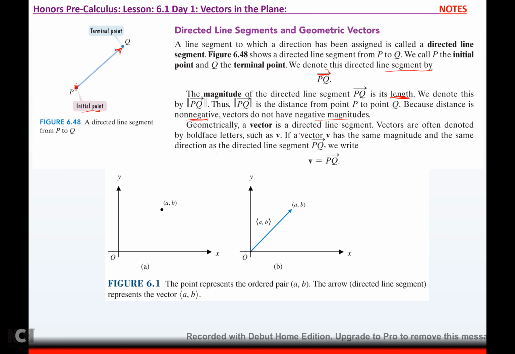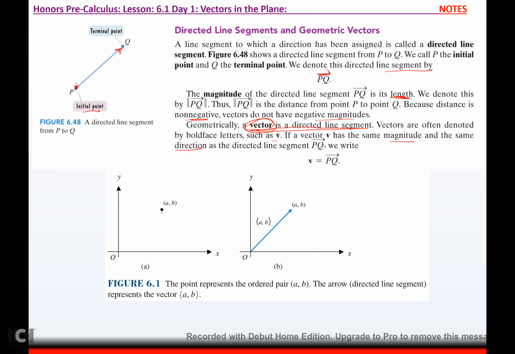Geometrically, a vector is a directed line segment. So when you have a directed line segment, really what you have is a vector because it has length and direction. Vectors are often denoted by bold-faced letters such as V. It says if a vector V has the same magnitude and the same direction as the directed line segment PQ, we write the vector V equals PQ with the ray over it.